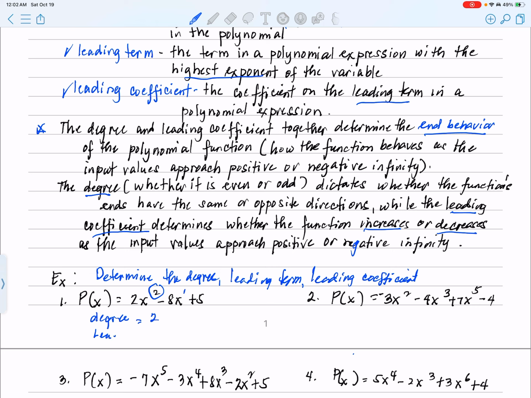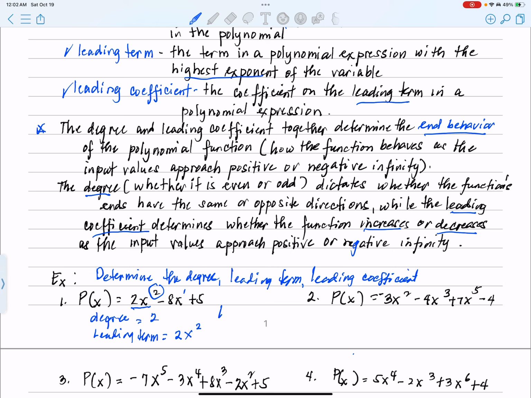The leading term, okay? The leading term is the term in a polynomial where the highest exponent is. So the highest exponent is 2, then that term where the highest exponent is, that is the leading term. So we have 2x squared as the leading term.